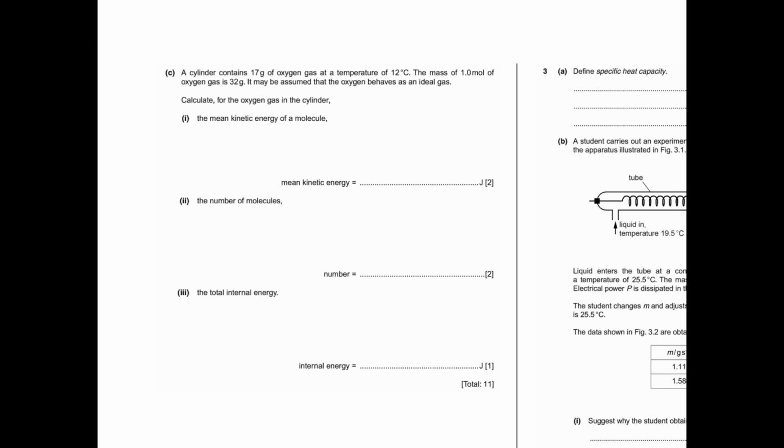So that means they expect you to use the formula just now. Ek equal to 3 over 2 kT, 3 over 2 times Boltzmann constant. You can check the data booklet on the front page. This is the value. Temperature in Kelvin, 12 degrees Celsius plus 273. Then you will get 5.90 times 10 to the power of negative 21 joule. So that's the answer.